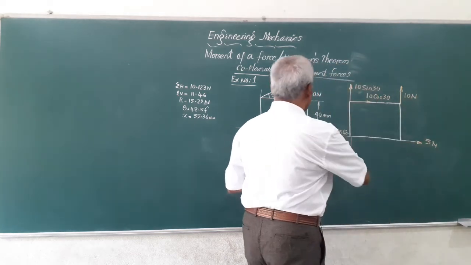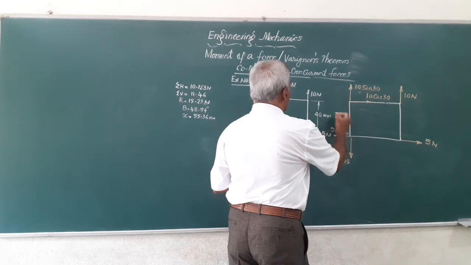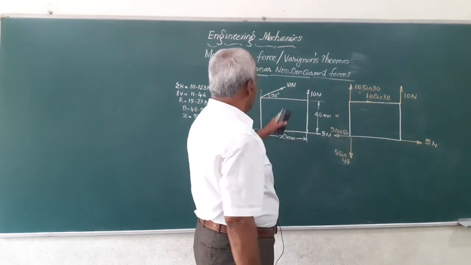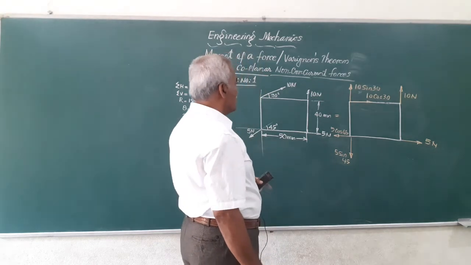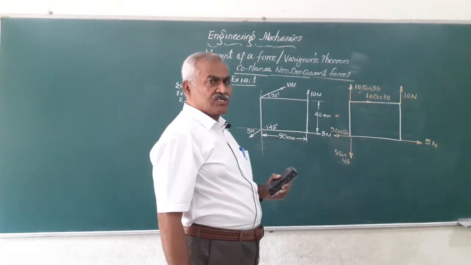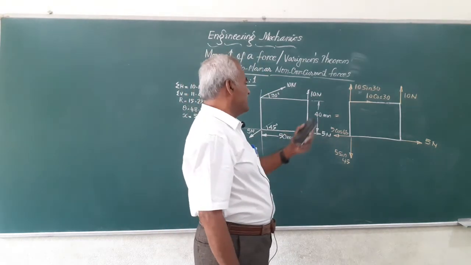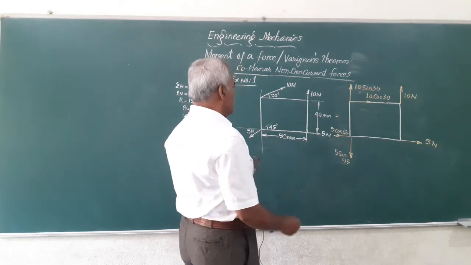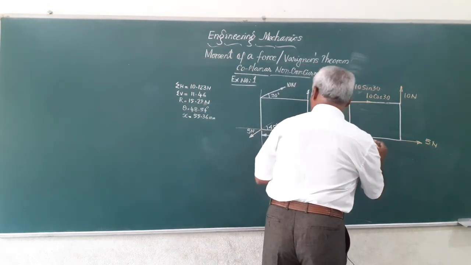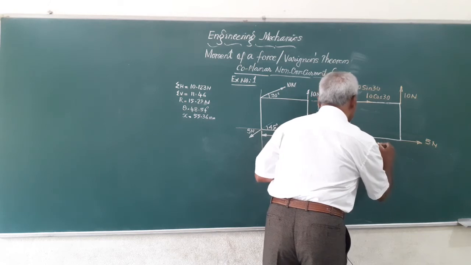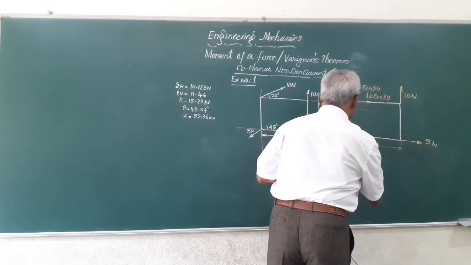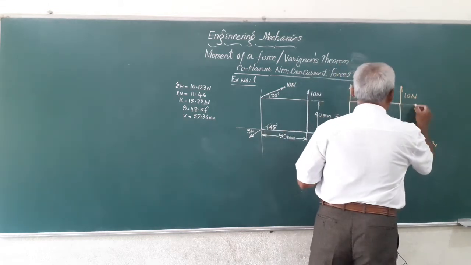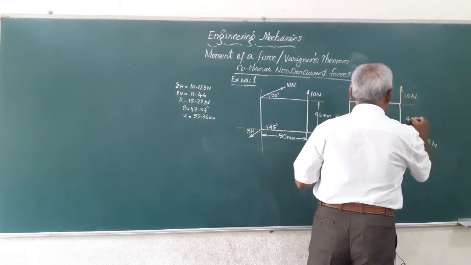Friends, whatever figure I have drawn here is the photocopy of this, in the sense the inclined forces are split into their respective components in the two mutually perpendicular directions, namely x and y axis. This has a dimension of 50 mm. Let us mark the dimensions of the plate also, because that is going to be of use when you take up the moments of these forces.